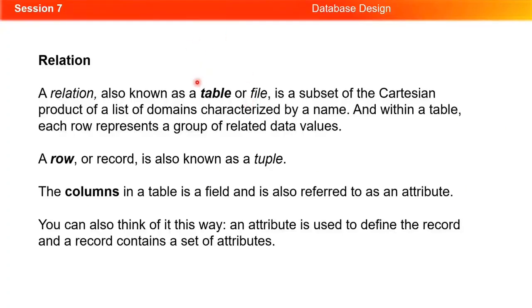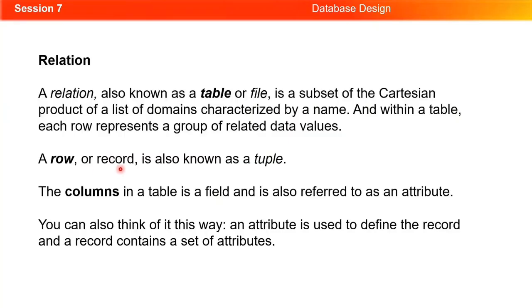A relation, also known as a table or file, is a subset of the Cartesian product of a list of domains characterized by name. Quite often a table is an actor or an entity within the enterprise. Within a table, each row represents a group of related data values.